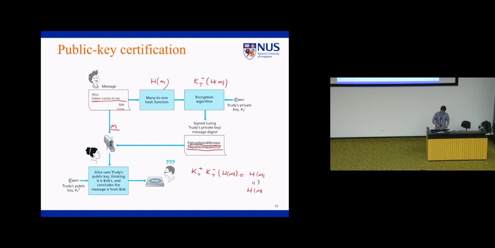And it will match because Trudy claimed that this is Bob's public key, and Alice shall use it when she needs to verify the signature.